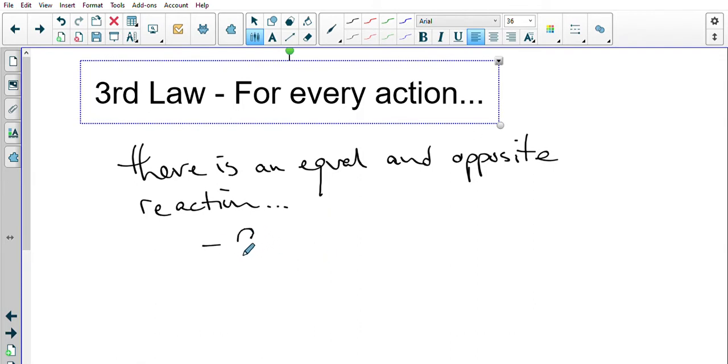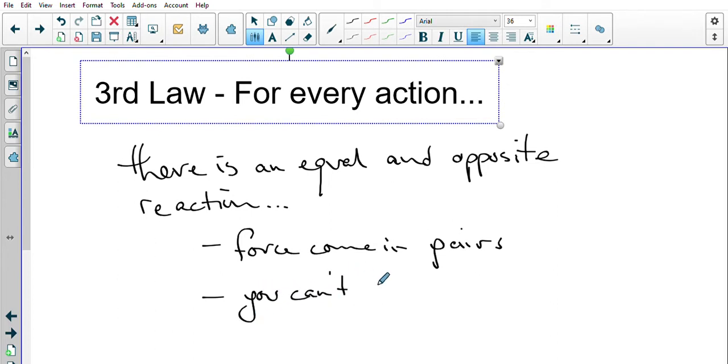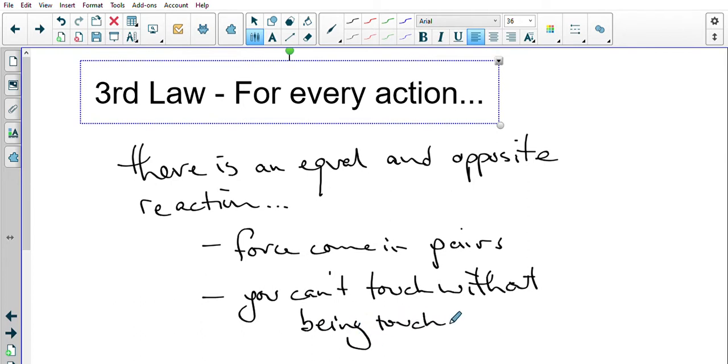This is sometimes expressed as: forces come in pairs. You can't touch without being touched. Isn't that a nice way of putting it? Forces come in pairs.